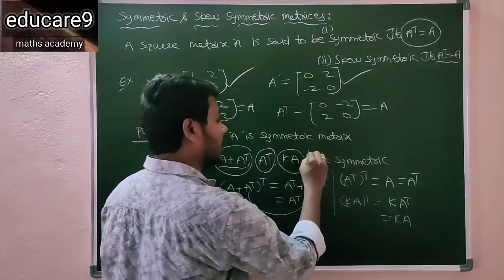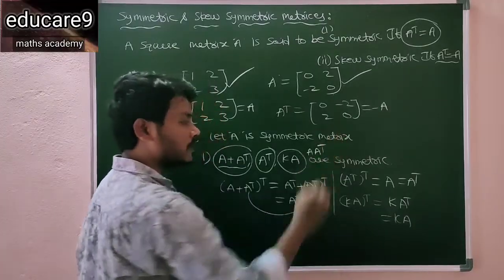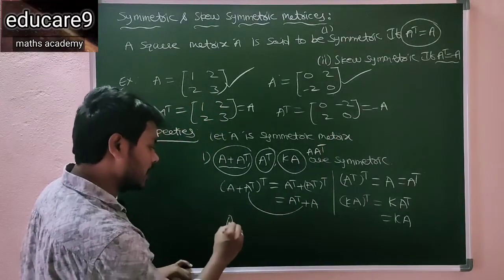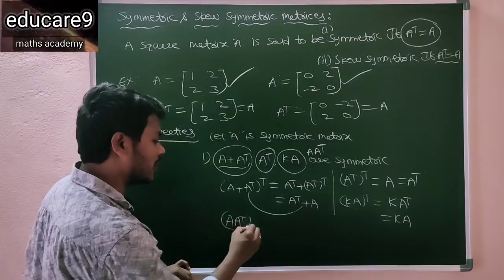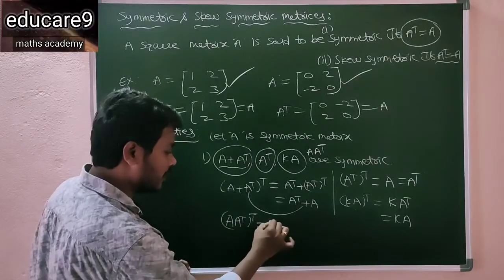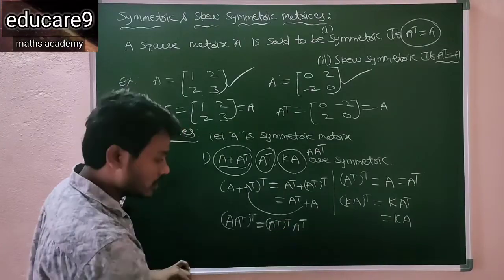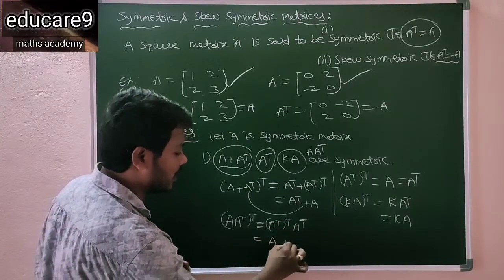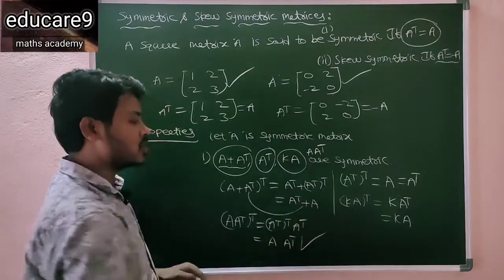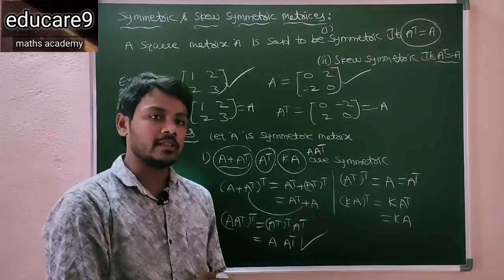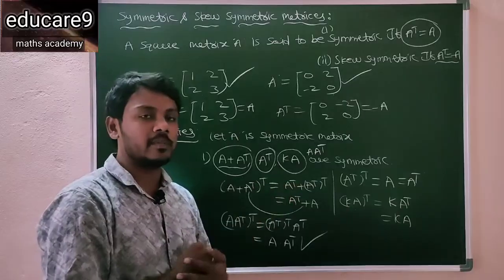So for example, A into A transpose: find A into A transpose whole transpose. This can be written as A transpose whole transpose into A transpose. So this is A into A transpose, which is also a symmetric matrix. So clearly these are all symmetric.